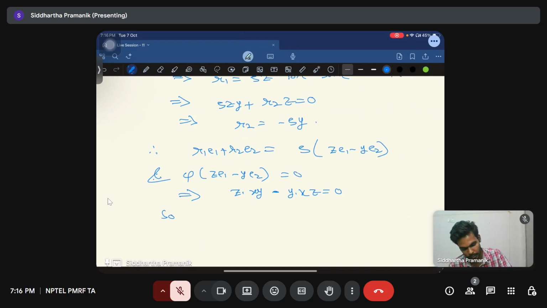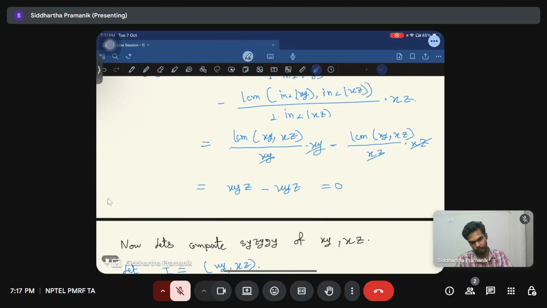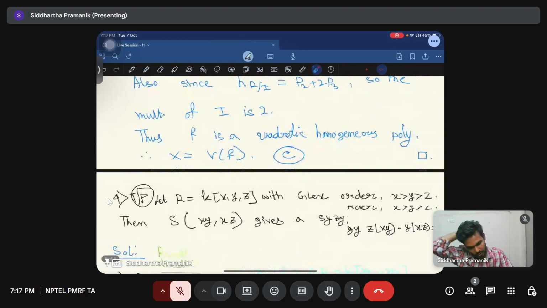So the above relation is a CGD of xy and xz, and which is basically given by the S polynomial, right? So this result is true.